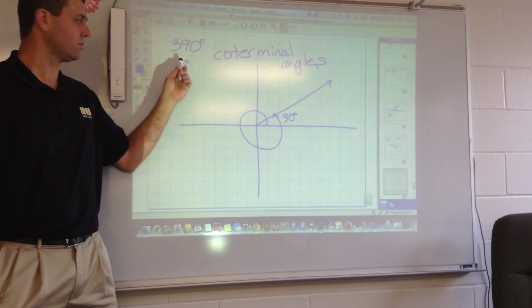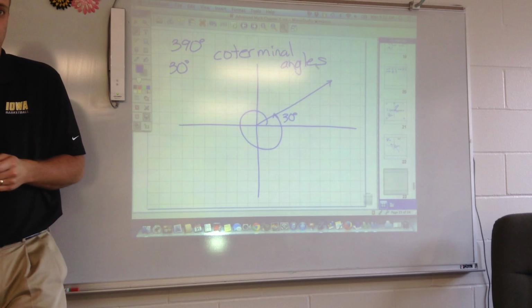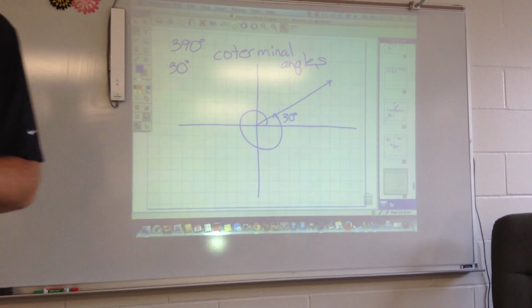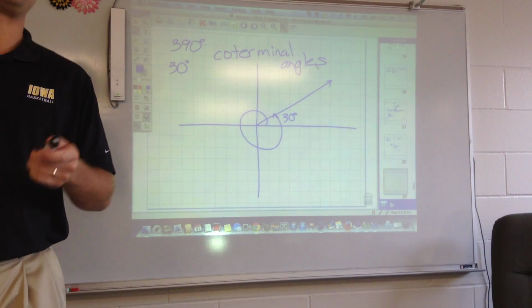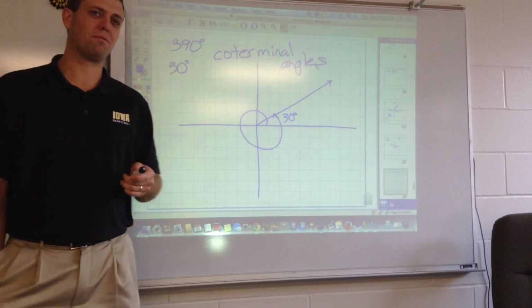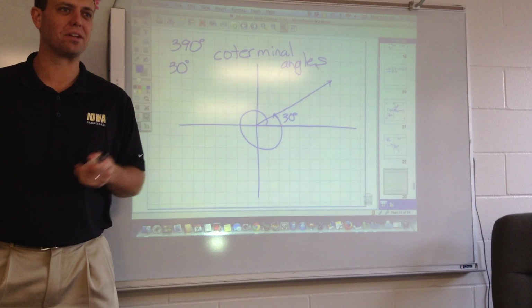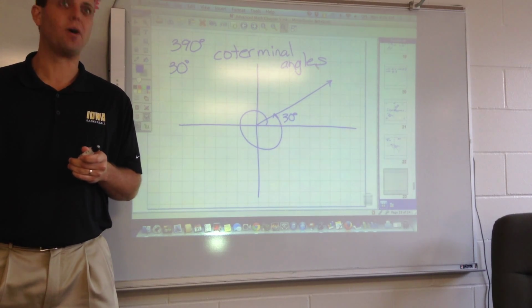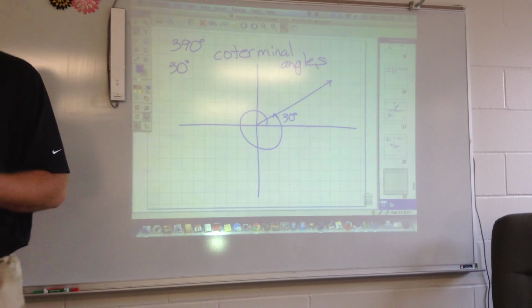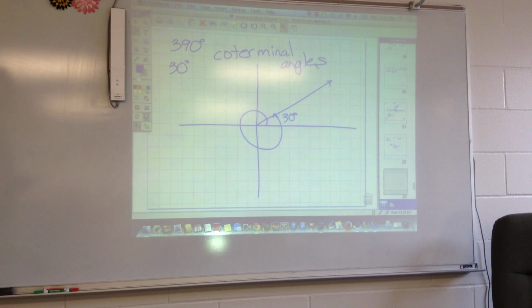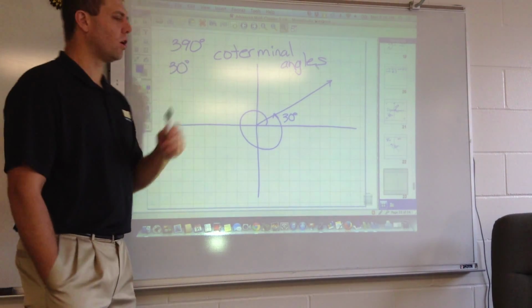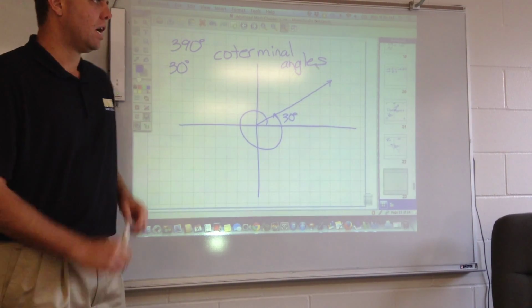How many coterminal angles are there? Infinitely many. 36,030, yes. That would be going around the circle 100 times and then adding another 30 degrees. So there are lots of coterminal angles.